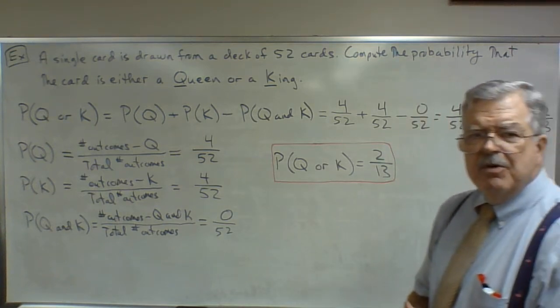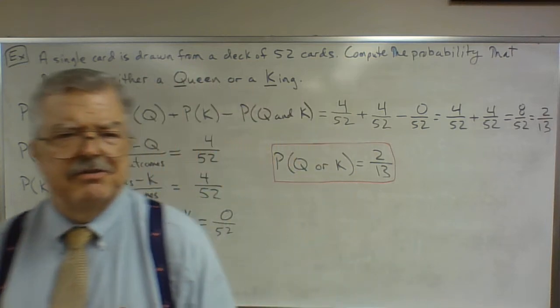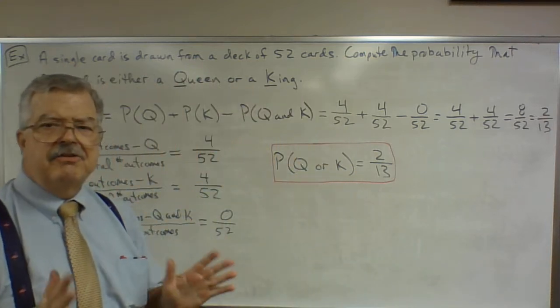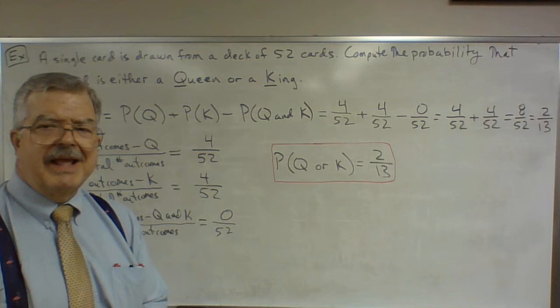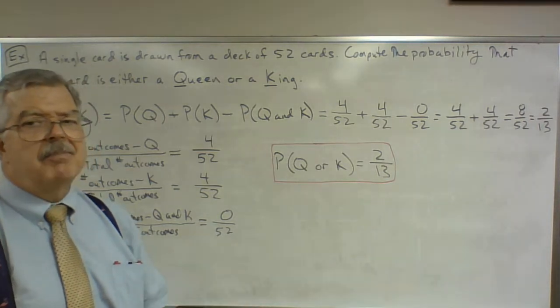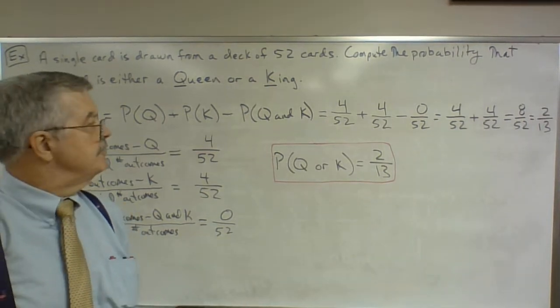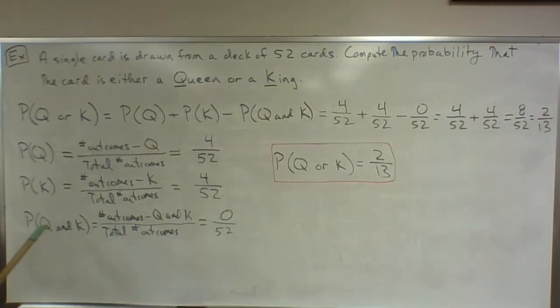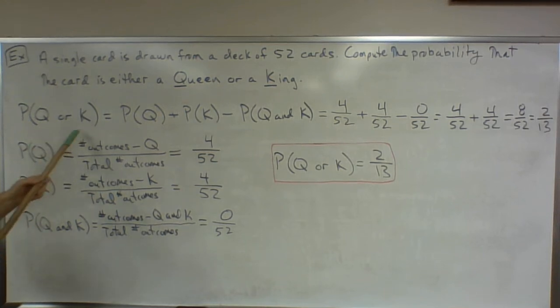Now, before we move on to the next exercise, let's take a look here at something that happened that hasn't happened in our previous exercises. We are looking at the probability of one event or another occurring. And these 2 events were such that they couldn't both happen.